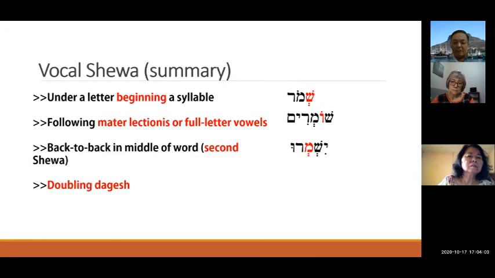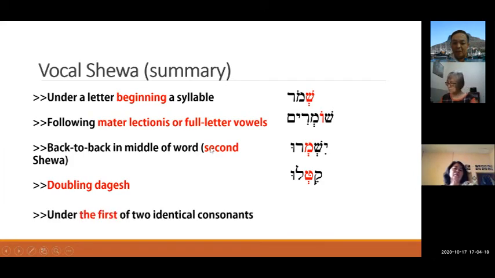And if it's a doubling dagesh, the dagesh forte, like in this case here, it becomes a vocal schwa at the second tet. So it's kitelu. And if it's under the first of the two identical consonants like hallelu, that is also a vocal schwa as well.